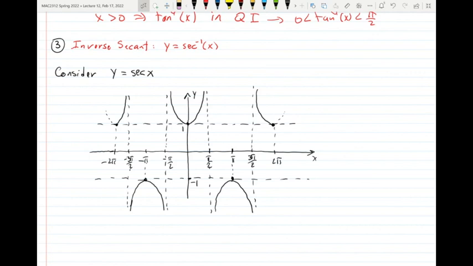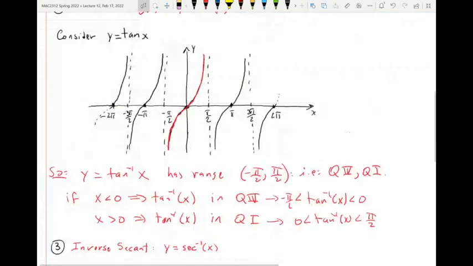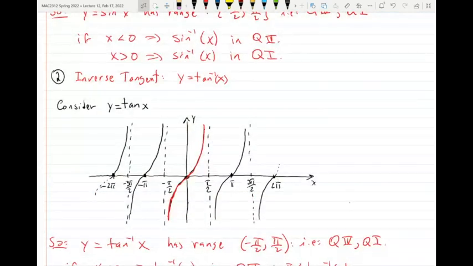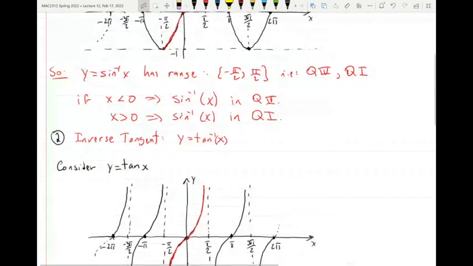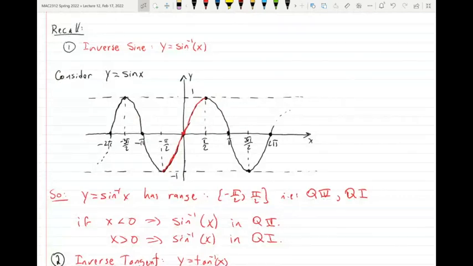Why do we have to have the red line going up only? Which one do you mean? Are you talking about tangent or sine? We are defining a piece of the function that makes it 1 to 1. The whole sine function is not 1 to 1. So what we want is a piece of the function that's 1 to 1, as big as possible, and also as close to 0 as we can.